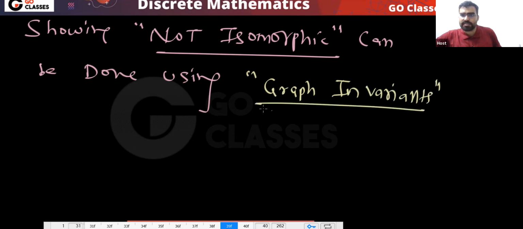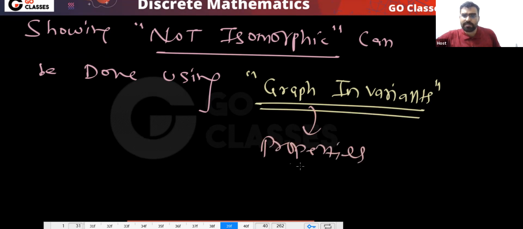What are graph invariants? These are basically the properties of a graph which isomorphic graphs should have. So showing that two graphs are not isomorphic can be done using graph invariants.